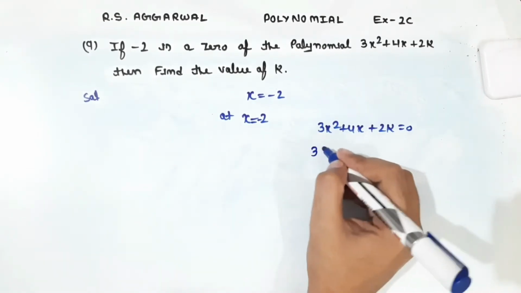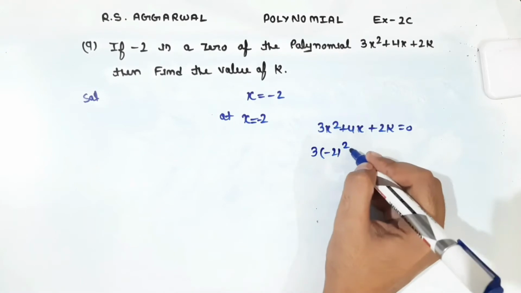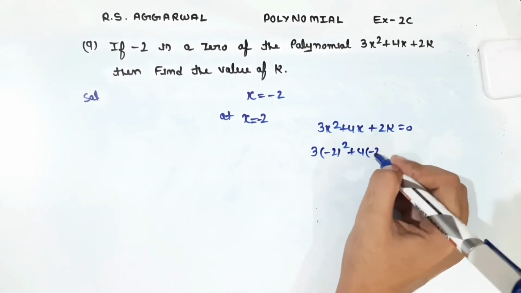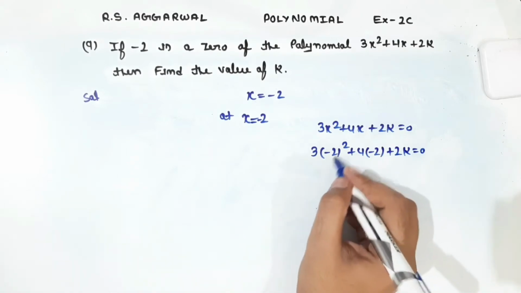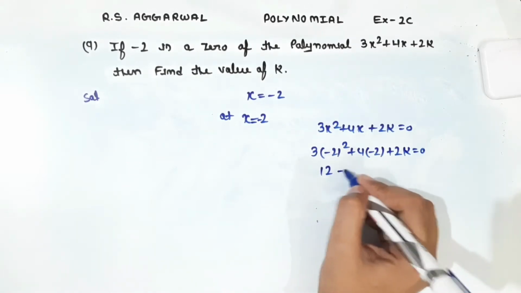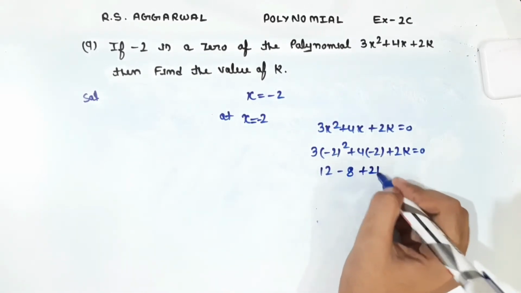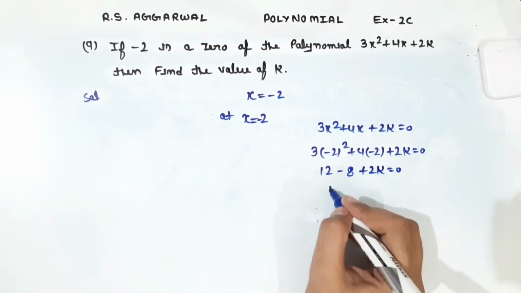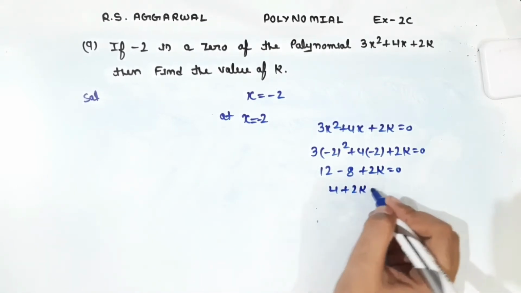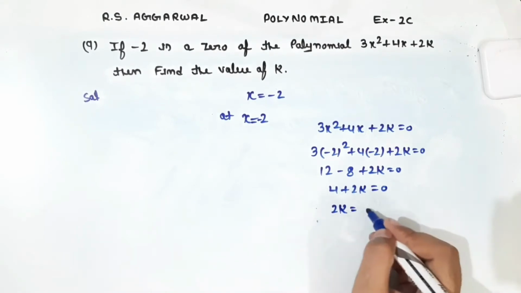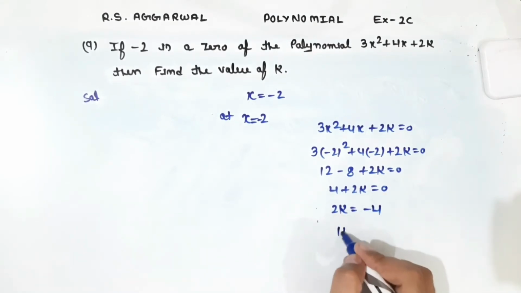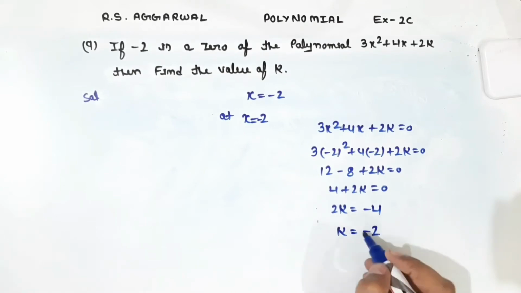So 3 minus 2 square plus 4 into minus 2 plus 2k equals to 0. So this will be 12 minus 8 plus 2k equals to 0. So 4 plus 2k will be equals to 0. So 2k will be equals to minus 4. So from here k will be equals to minus 2.